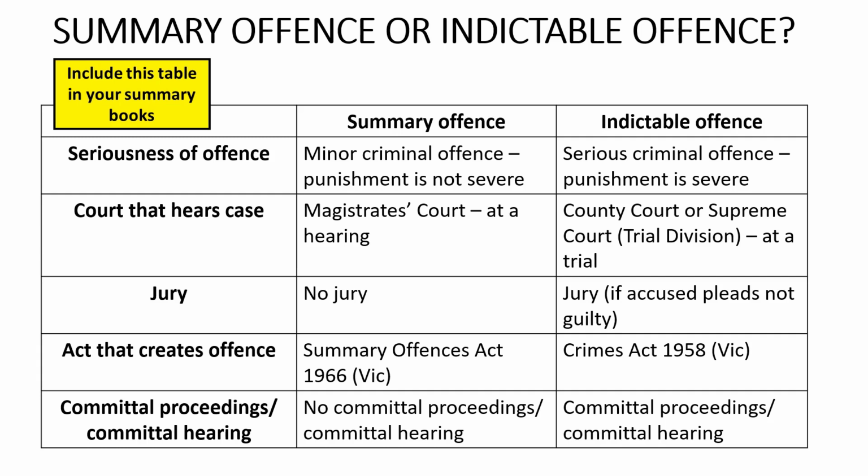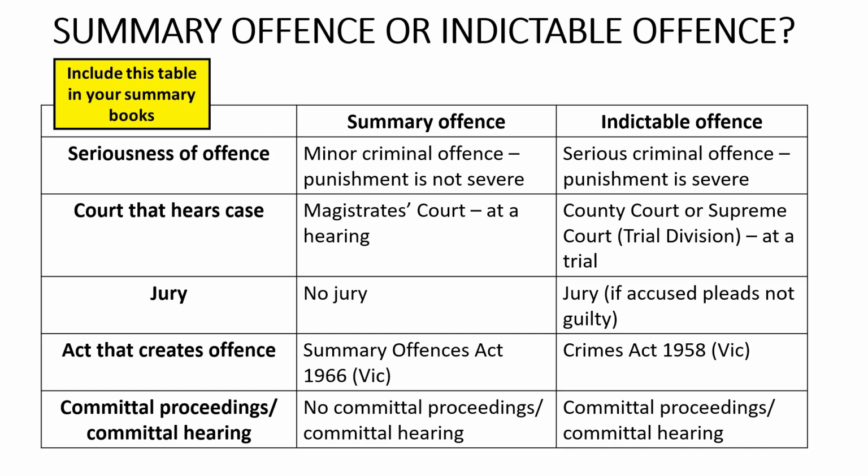Just a little point to note here, which I will reiterate in the next video. This is that proceedings in the magistrate's court to determine whether an accused is guilty are called hearings, but proceedings in the county court or the trial division of the Supreme Court to determine whether an accused is guilty are called trials.